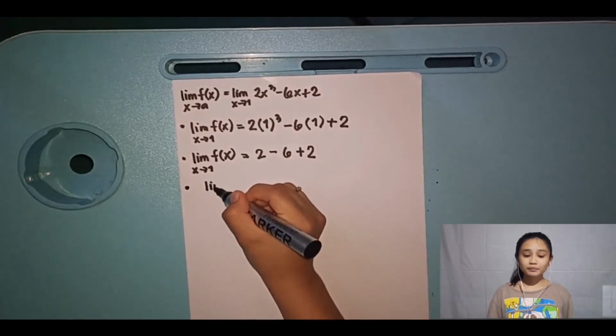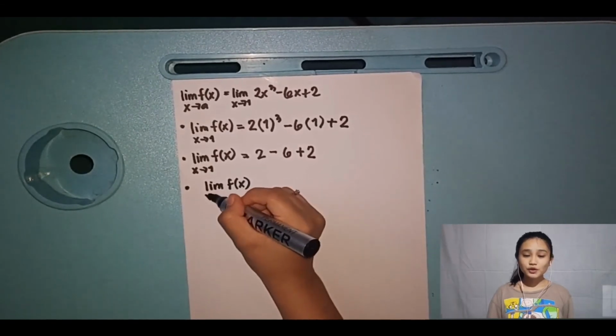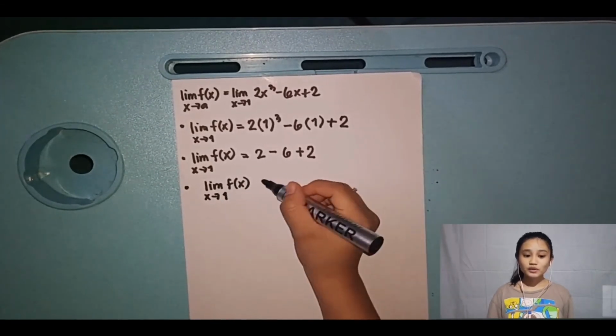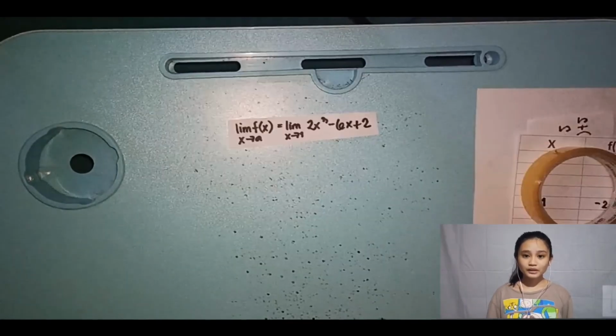So the limit of f of x equals 2x cubed minus 6x plus 2 as x approaches 1 is equal to negative 2. Now, we will be using the tables to approximate the values.